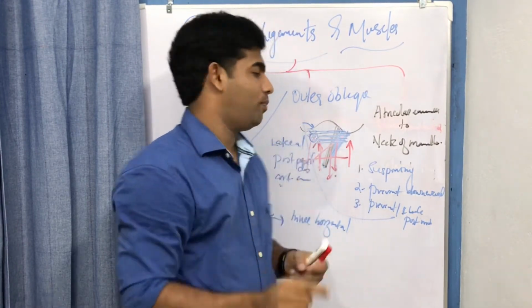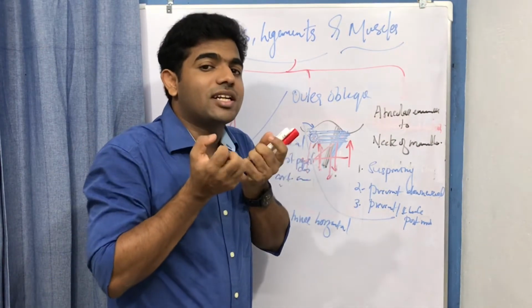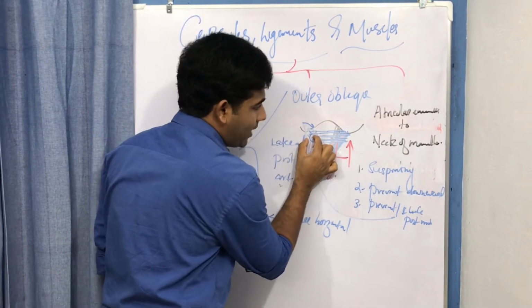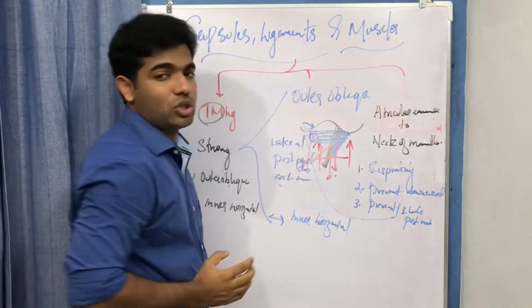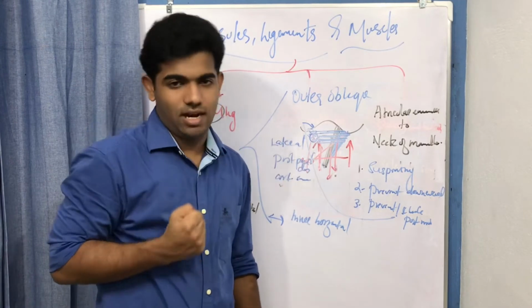So this one will check or hold together the retrodiscal pad, so that it doesn't reach up to the articular eminence and get compressed over it.